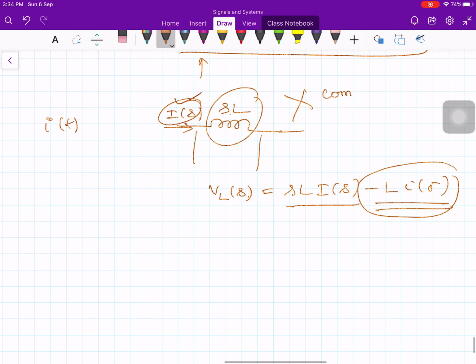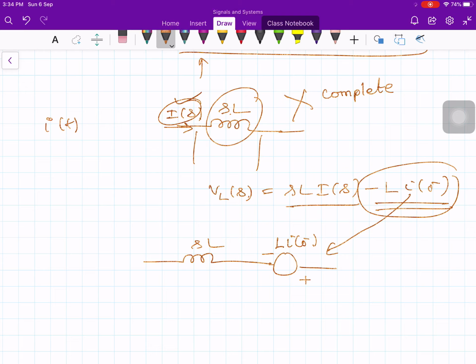So what you do, you take the same inductor, then this component has to come. So you put minus here, and this is plus, and this is L times I of 0 minus, your initial current, and this is the generalized impedance SL, and current flowing through this is I of s. Now this whole thing becomes what? Your VL of s.